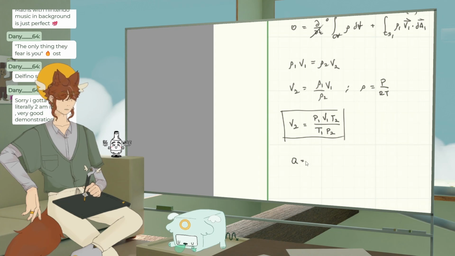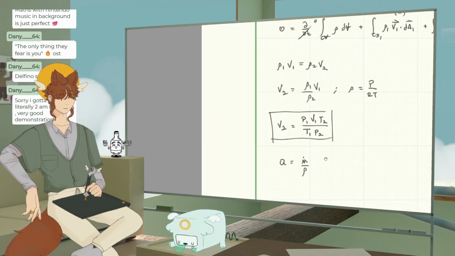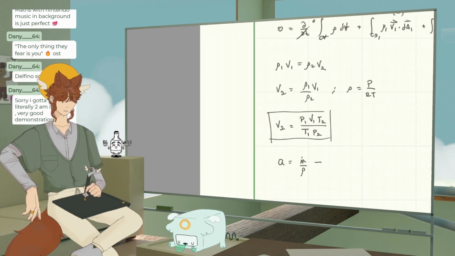We could easily do this. So Q equals m dot over density, geez. Is that right? Yeah. So Q equals the average, VA, essentially. Like V1 A1. We'll do that. Q1.